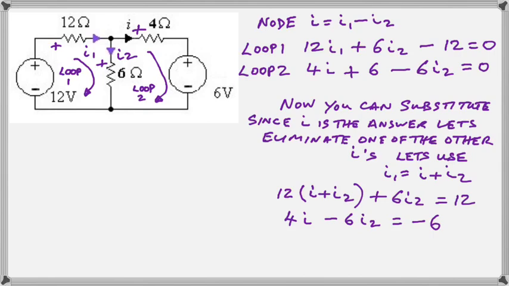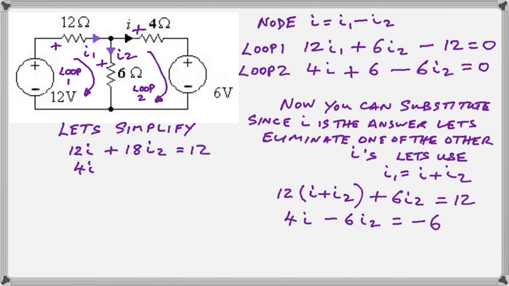So once we have made that substitution, we have dismissed I1, and now we have I2 and I in our equations. Now we're going to further massage these equations, simplify them, and rearrange their terms.